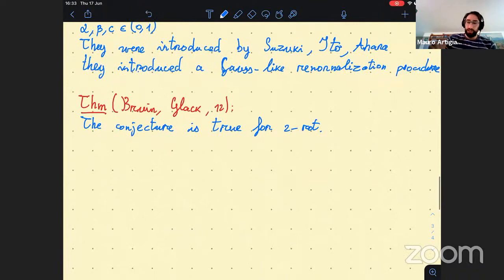Okay, so what do we do? We refine this statement, as I spoiled before, and show that not only it has zero measure, but actually is small in the sense of Hausdorff dimension. So the dimension of this is strictly smaller than 3, which is the ambient space of parameters.